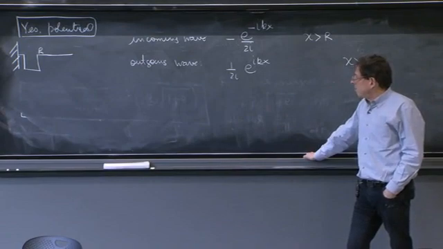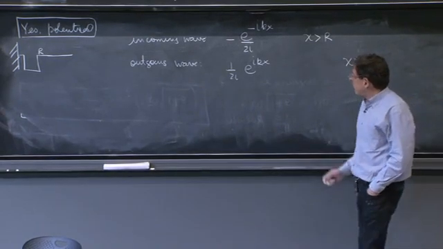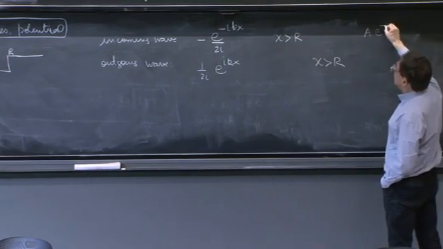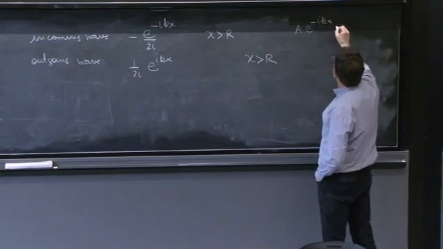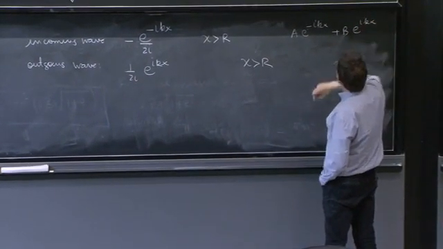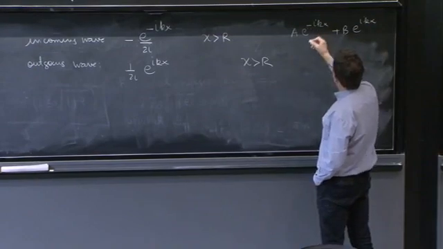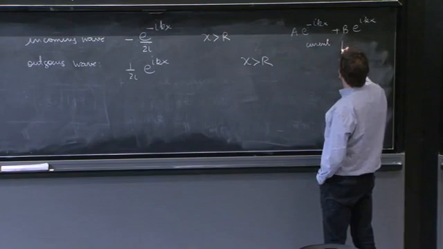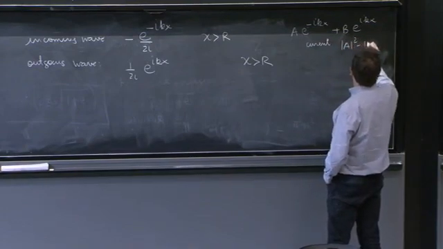But then I think of another thing. Remember, if you had e to the minus ikx plus b e to the ikx, well, the probability current was proportional to a squared minus b squared.